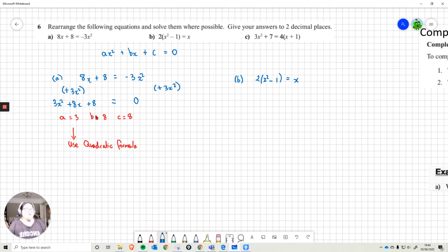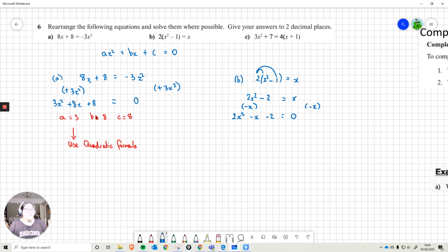So I'm going to expand my brackets. 2 times x squared, 2x squared, 2 times negative 1, negative 2 equals x. So remember, first rule of quadratics, you need to make it equal to 0. And I'm going to make my right hand side equal to 0 by subtracting x. And then I'm going to do the same to the left hand side. So now my quadratic equation looks like 2x squared minus x minus 2.